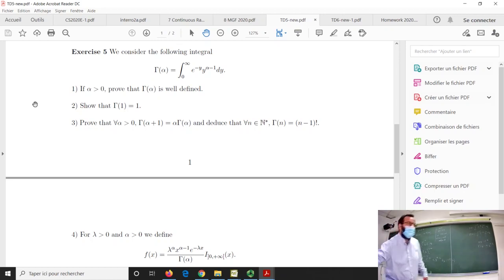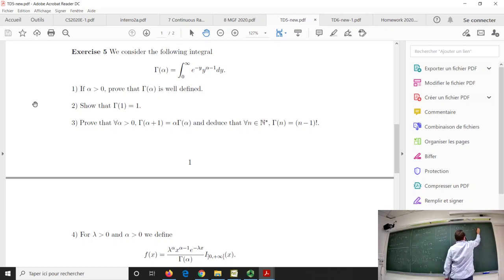So in the second part of the question, I want to deduce from this one what is the value of gamma for the integers. So I want to prove that for all n belonging to N star, gamma of n is equal to n minus 1 factorial.